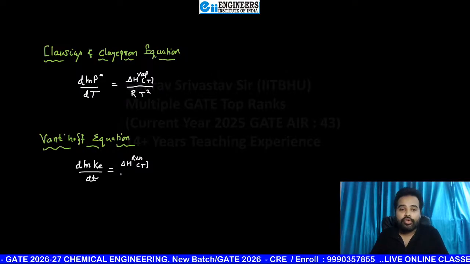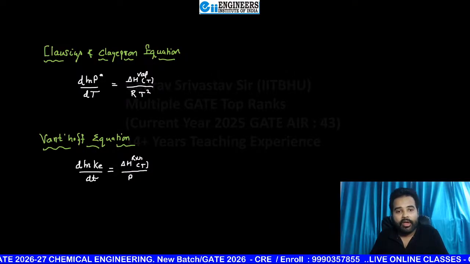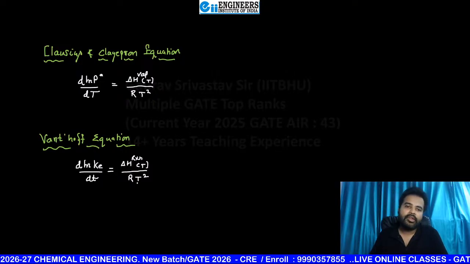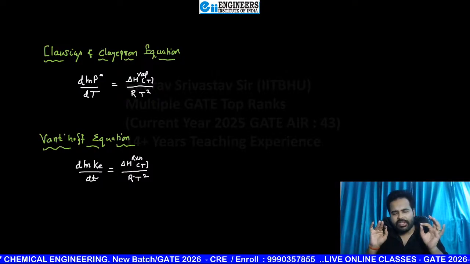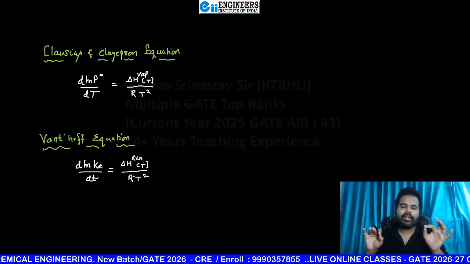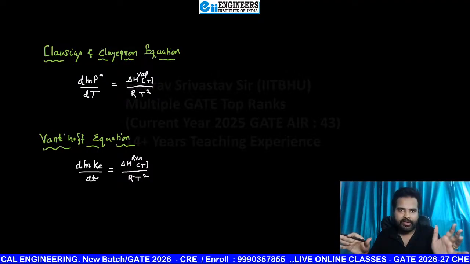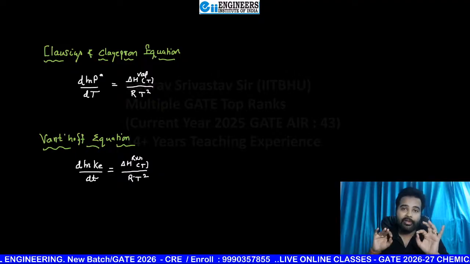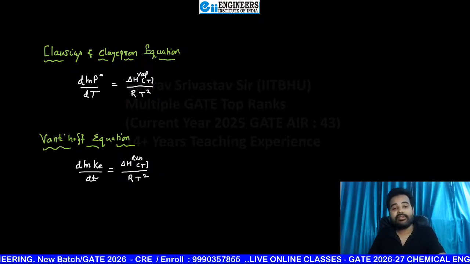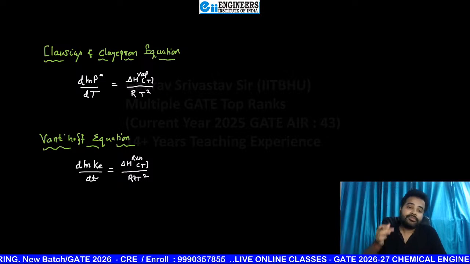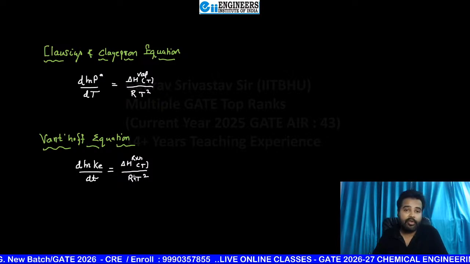So this is heat of reaction upon RT squared. In most problems they give heat of reaction as constant, but it doesn't mean it is always constant. It is a function of temperature.